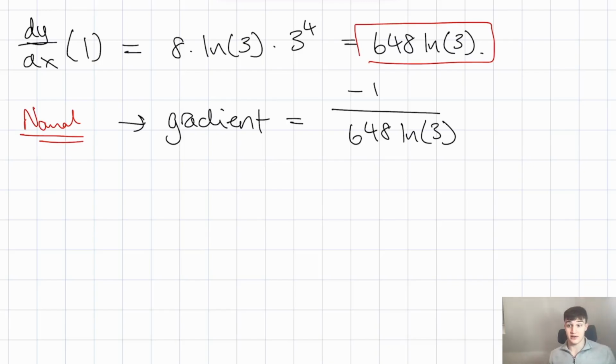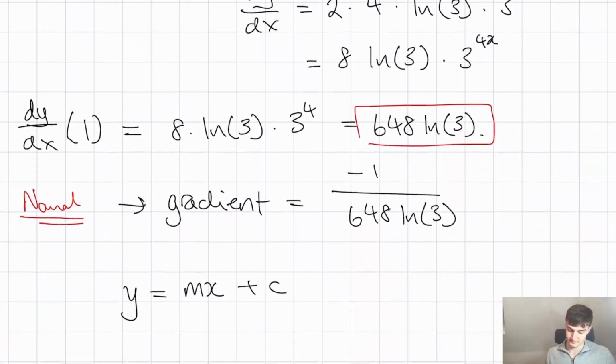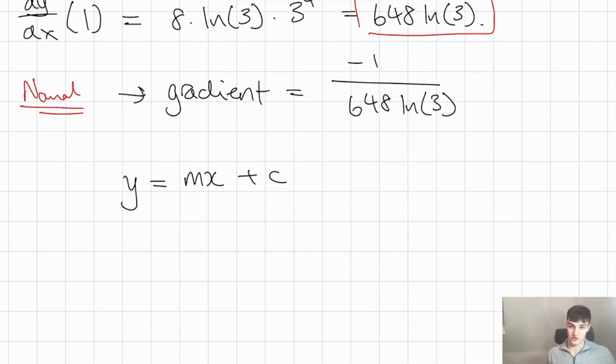The equation of the line is then going to be given by the standard y is equal to mx plus c. Now I know they've written a and b in their equation, so maybe we can just write it like that. So a is our gradient.